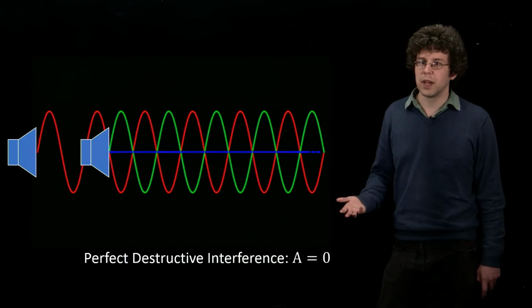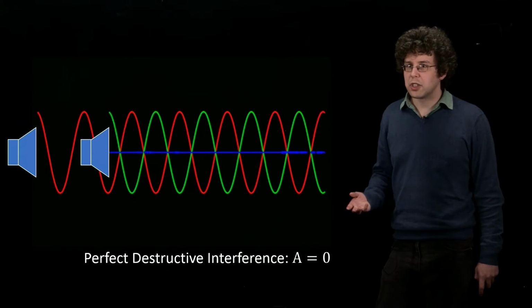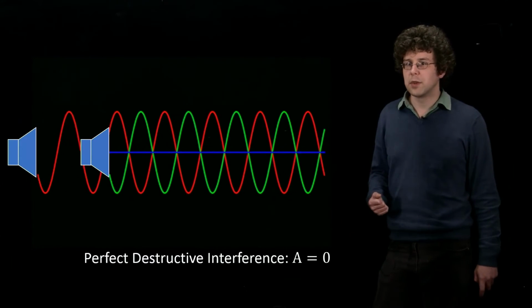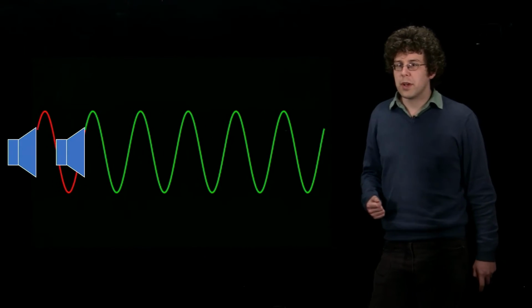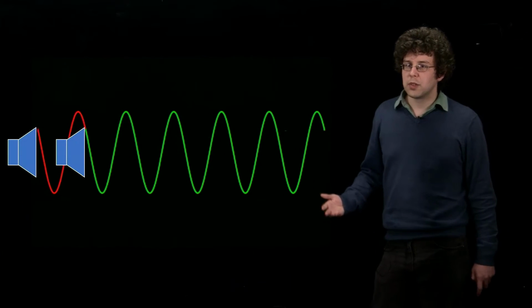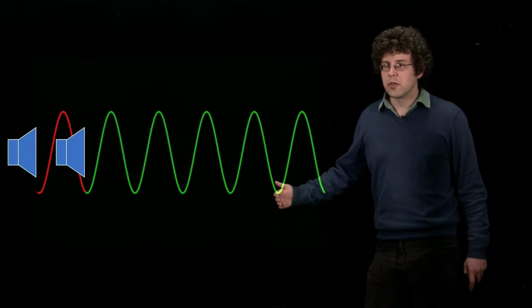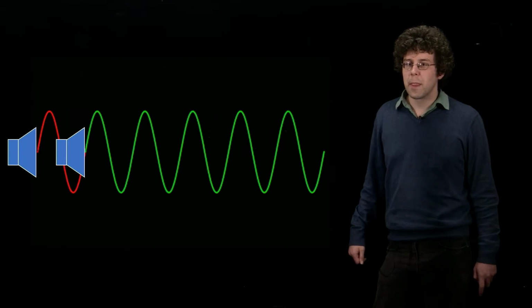Now, what I haven't talked about yet is what happens if we actually change the phase constant of either of these waves. So let's just go back for a moment and consider two speakers which are perfectly one wavelength away from each other.